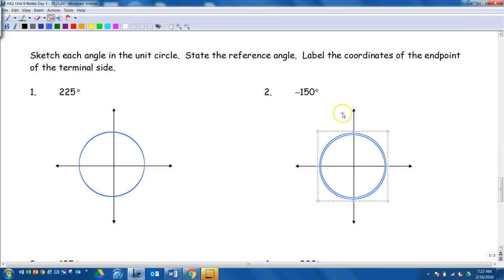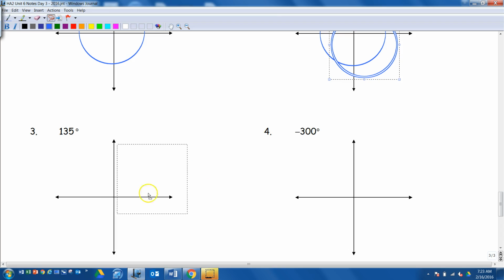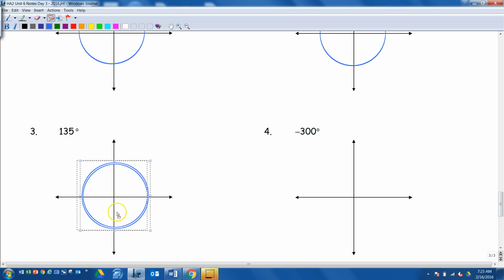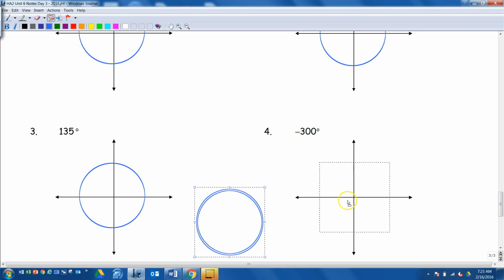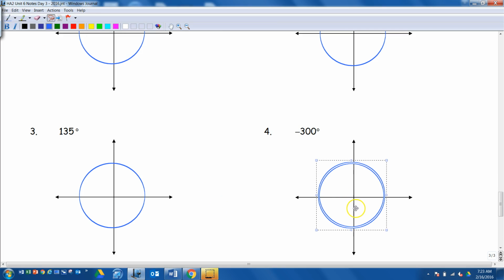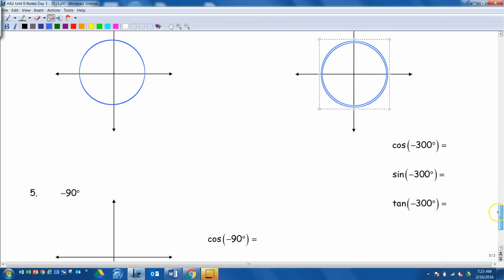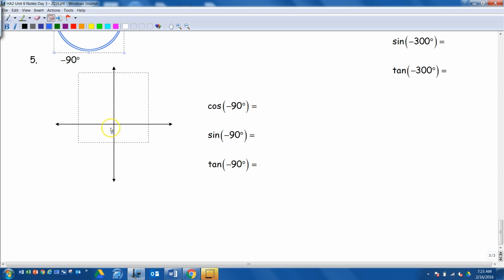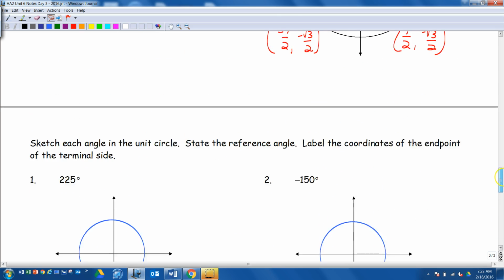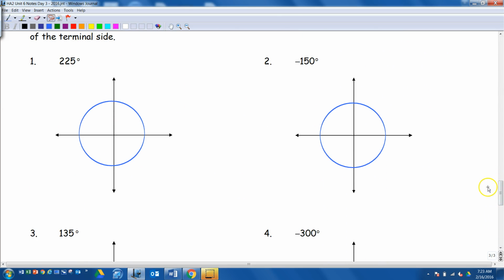The only thing I've got to do is center it. Again, I'm doing this because it's a unit circle, so I can do that. For the other ones, we weren't doing that. Alright, that looks a little bit better.